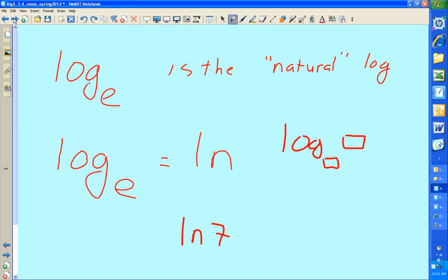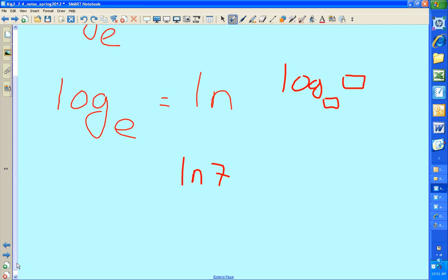So when you do something with log base e, or natural log of 7, on your calculator, you're saying e to some unknown power is equal to 7. And we don't want to have to do guess and check. You have an ln button on your calculator.